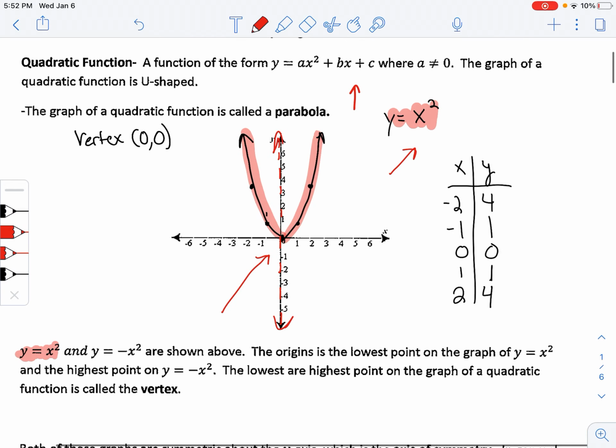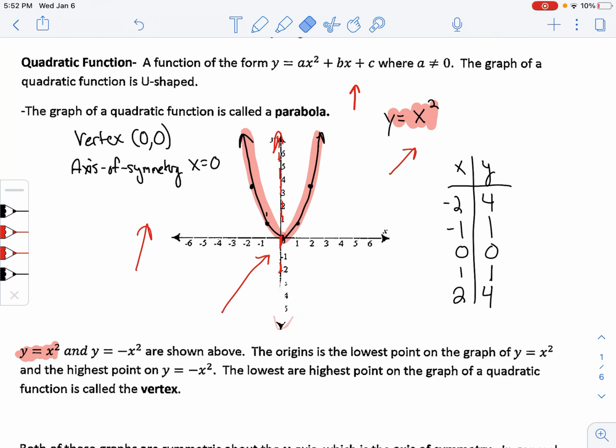Here, the axis of symmetry is x equals 0. The axis of symmetry is always x equals the x value of the vertex, because the vertex is always on the axis of symmetry. So we graphed y equals x squared.